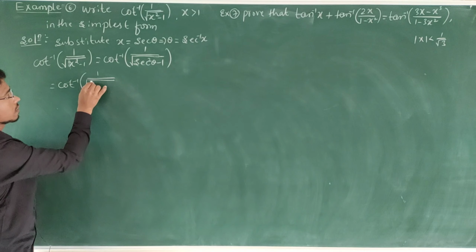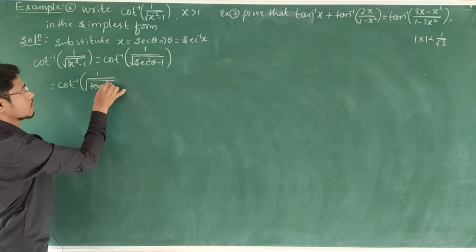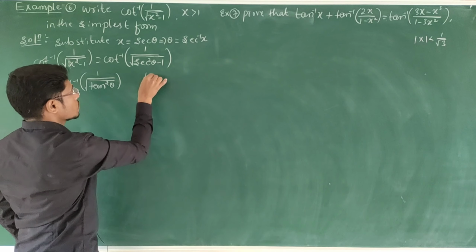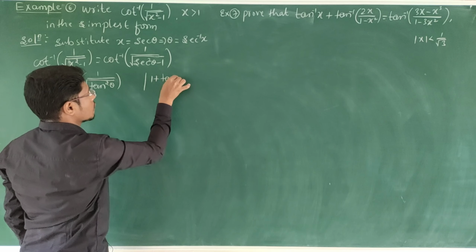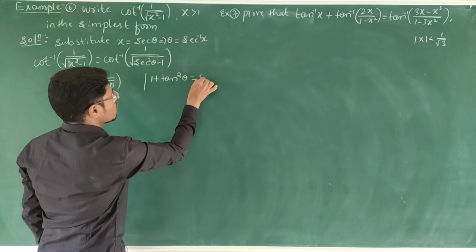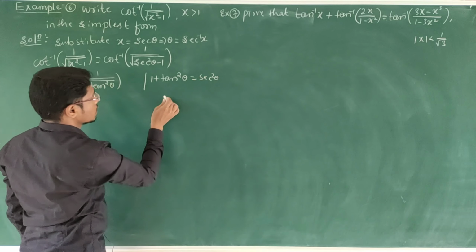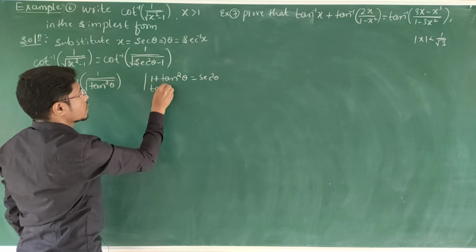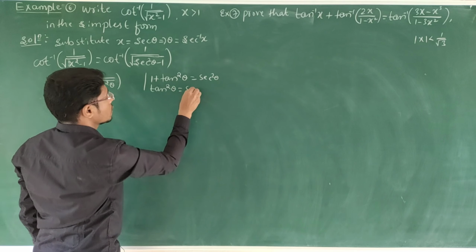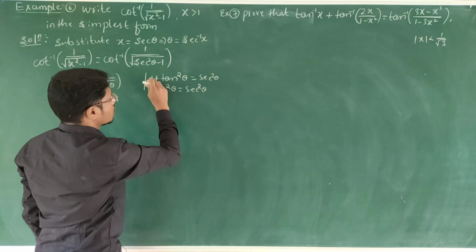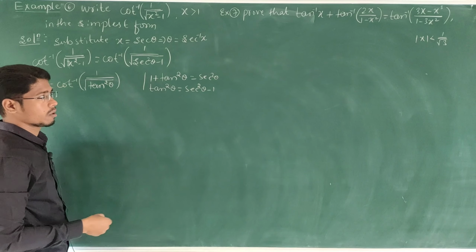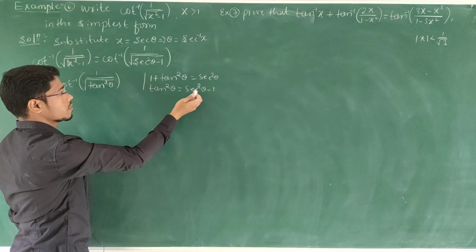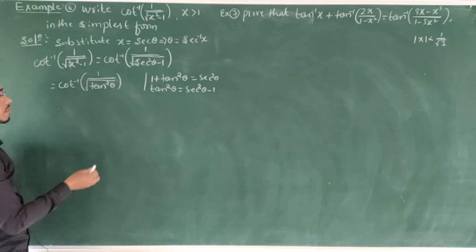This is tan square theta, because 1 plus tan square theta is equal to secant square theta. So if 1 comes to this side it becomes minus 1, so secant square theta minus 1 is tan square theta.